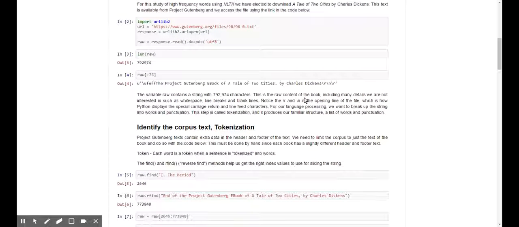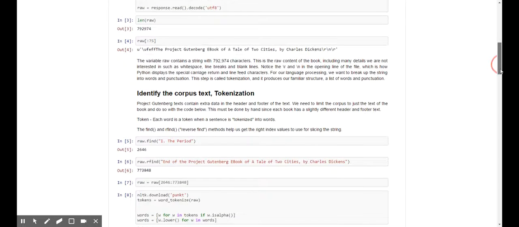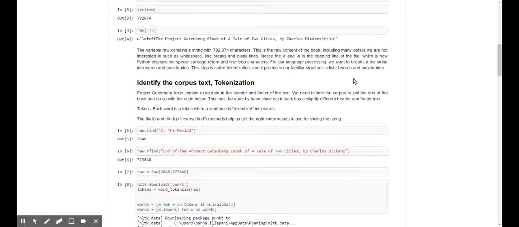Now, let's try to find out where the actual story begins in this text, because there is a lot of header and footer information in the source from the Gutenberg project URL. So we manually identified where the story begins, and in this case, it's letter I, chapter one, the period. Using the find function, we get the position of where it starts from.